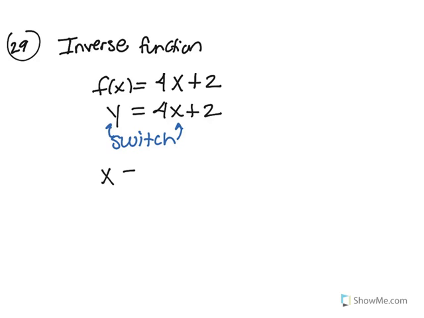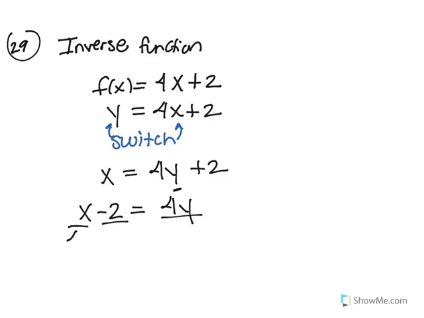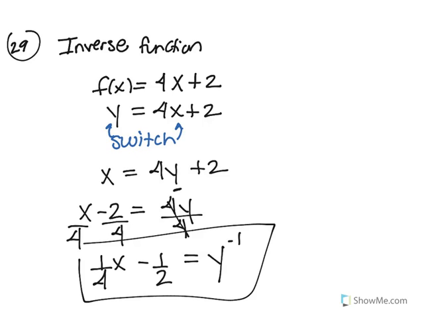So that means you're going to have x equals 4y plus 2. And you're going to solve for y in its new spot. So you're going to subtract 2 from x, and then you're going to divide everybody by 4. So that's going to give us 1 over 4x minus 1/2 equals y. That would be our inverse.